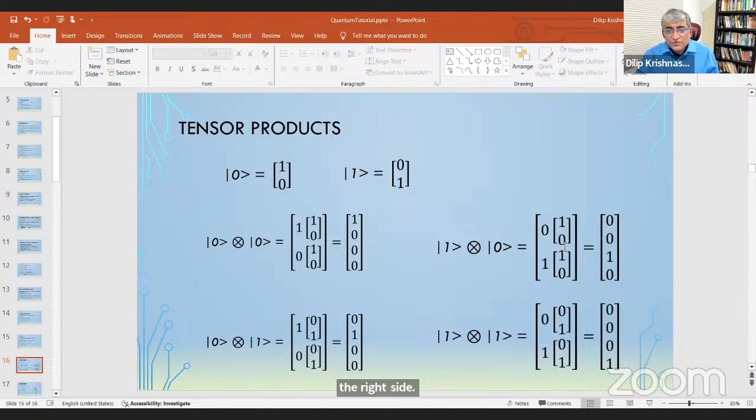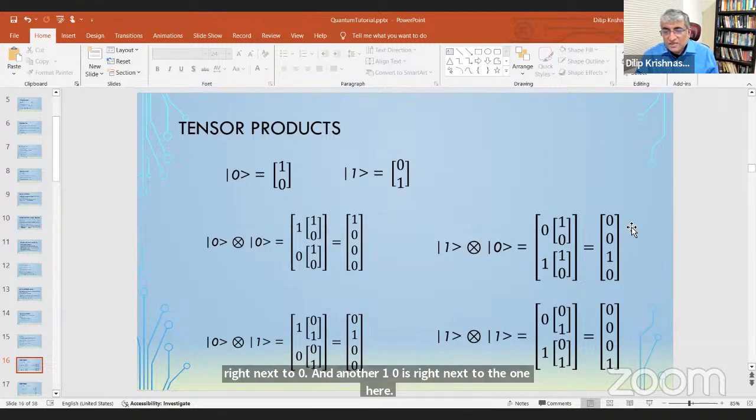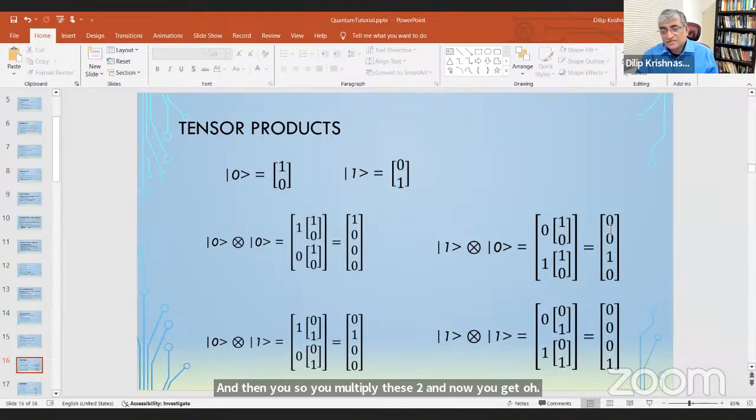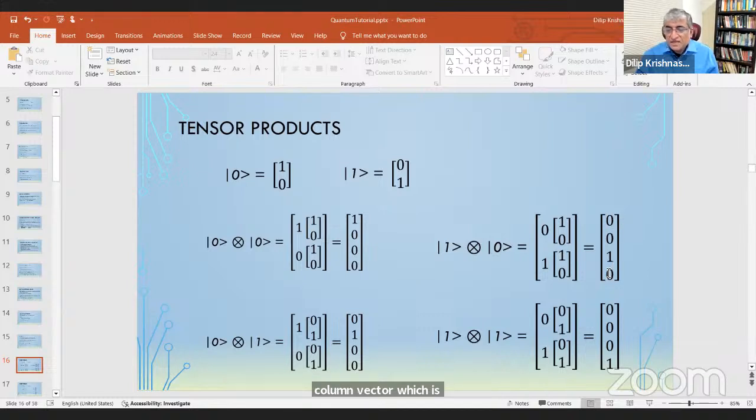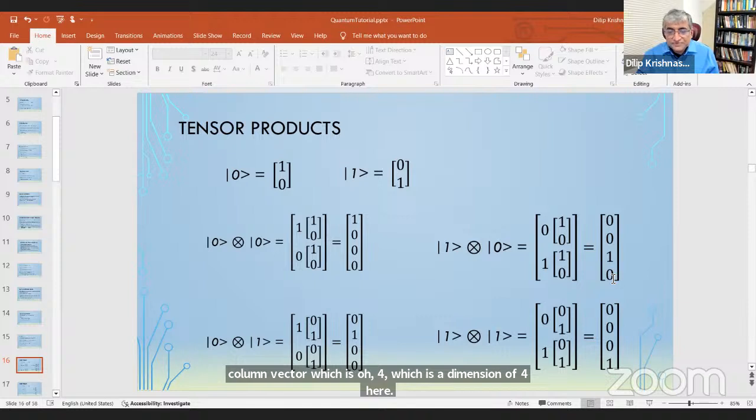When you're trying to do ket 1 tensor product ket 0, take ket 1, and adjacent to each of the elements of the column vector of ket 1, push ket 0 into it. So here, for example, 1, 0 is right next to 0, and another 1, 0 is right next to the 1 here. And then you multiply these, and now you get a column vector which has a dimension of 4. And so you get 0, 0, 1, 0.